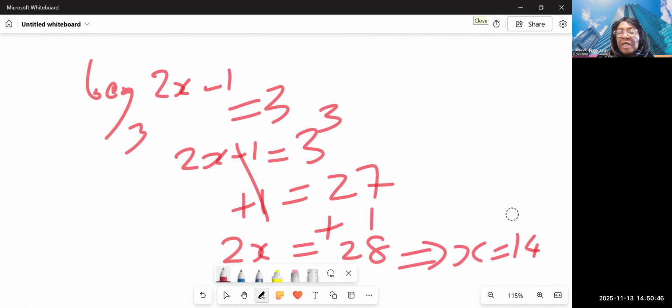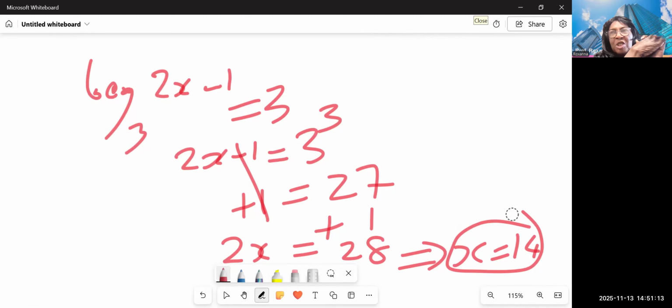Is that what you have? So we actually got x equal to 14 without a calculator. But for some reason, they told us to use a calculator. Anyway, if they tell us to use a calculator, you have to remember your calculator only understands log to base 10.